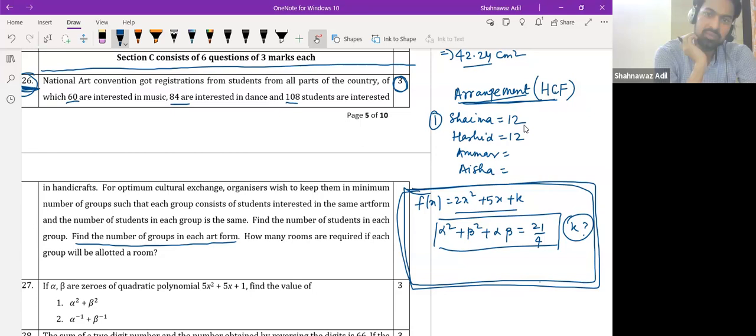Amar and Aisha, what did you get? 12. 12. Good. So Aisha also got 12. Amar, what about you, sir?